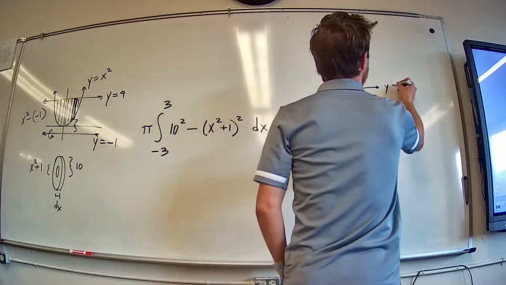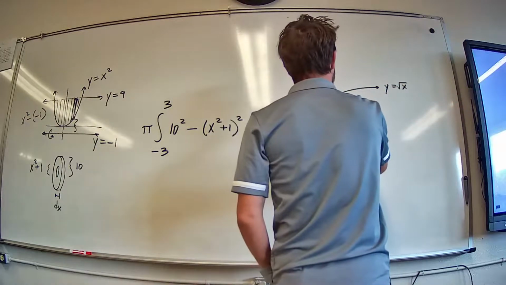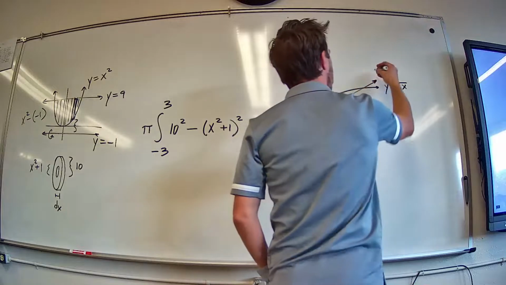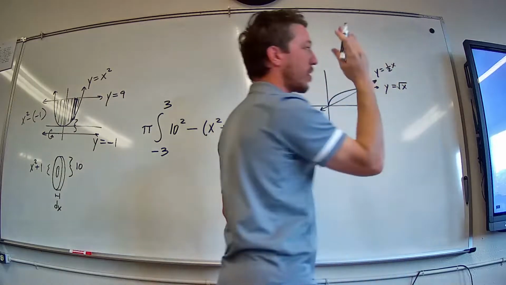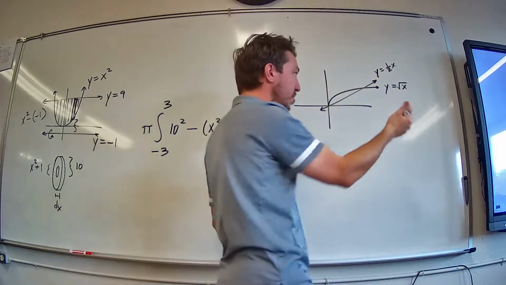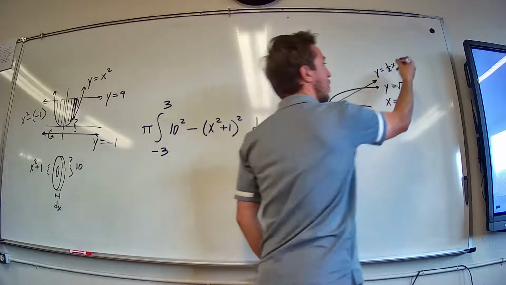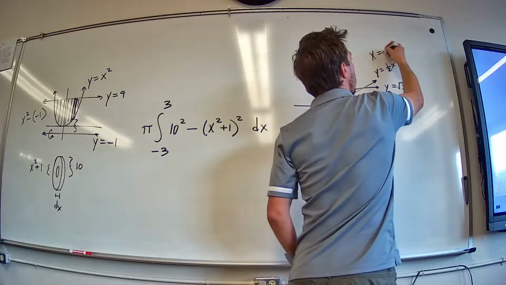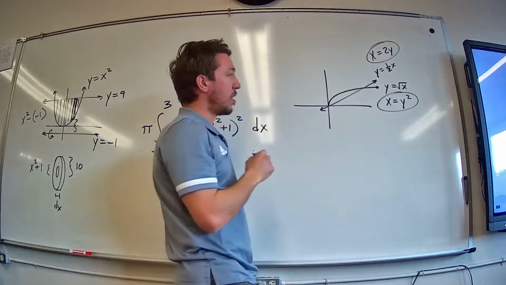Here's y equals root x. Here's y equals 1/2 x. We're revolving around a vertical line, so that should hopefully clue you in that we're going to have to rewrite these, right? Yes. We're going to use that instead.